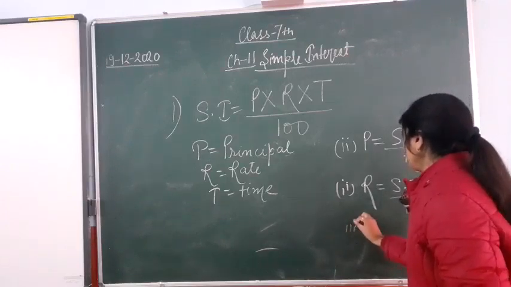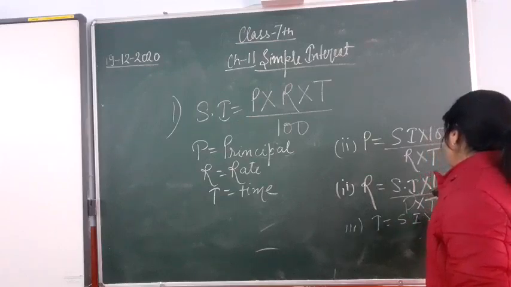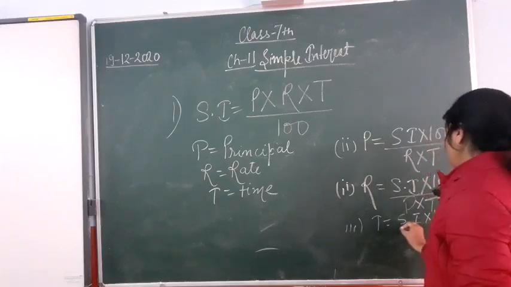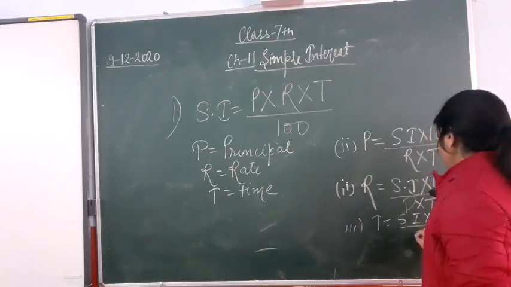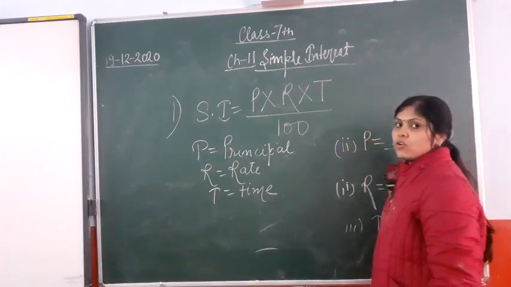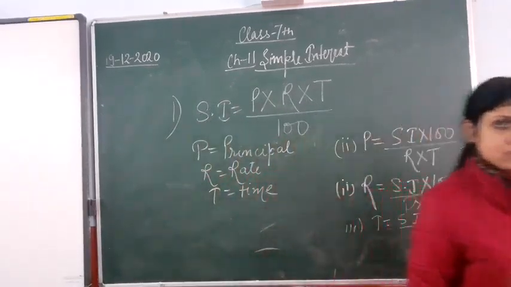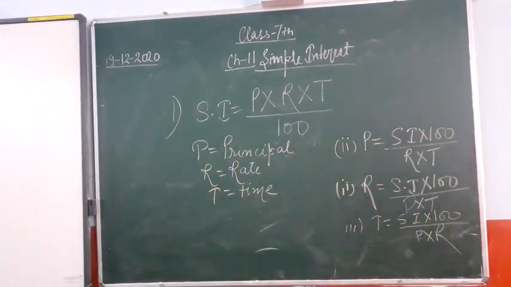If you want to take out time, then again SI into 100 upon P into R. So with the one formula, you will take out these three formulas as well. It's very easy. Let's do some questions on this.